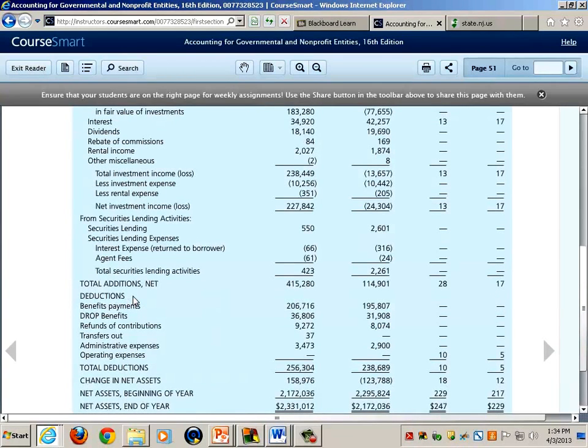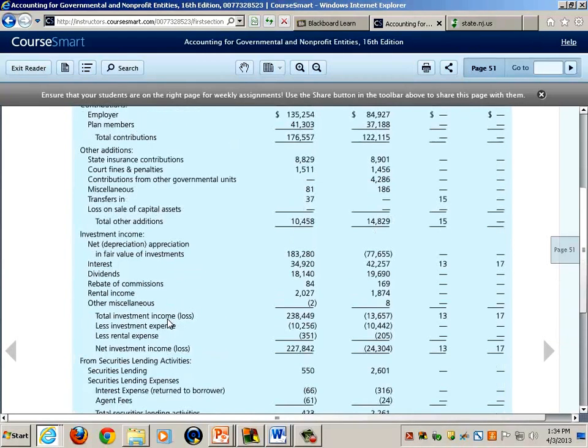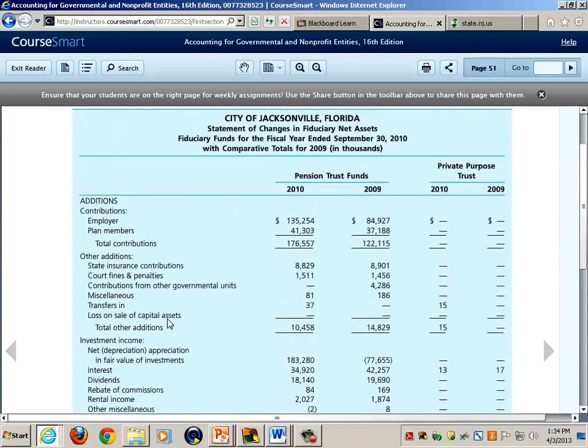Deductions, not expenses. Notice the difference in fiduciary statements? Again, we'll go through this a little bit more in depth. But this is an interesting statement because it is one of the harder statements to read, by the way, because it has so many things here, and mostly it's all investments and financial assets.